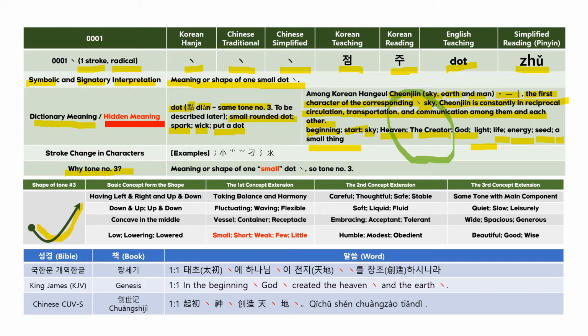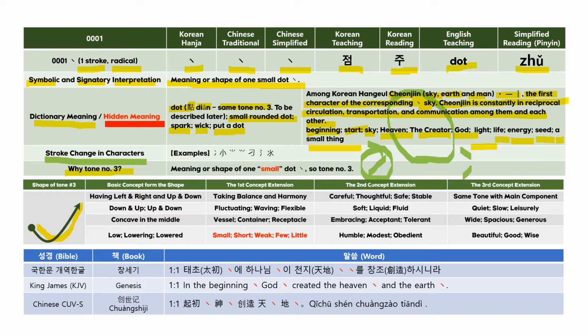And this dot stroke changes in characters. For example, here the dot is shaped like this, but in other characters you can see it like this. People don't teach this shape of characters separately, but this is also a dot, from up to down dot, from down to up dot.